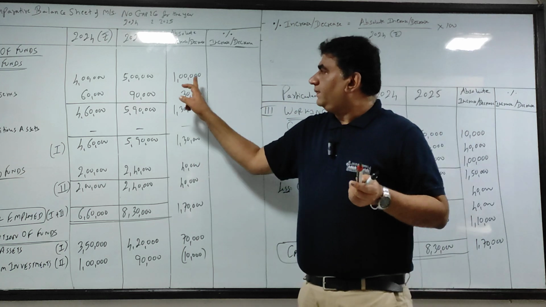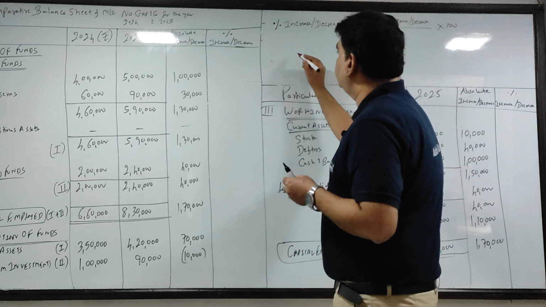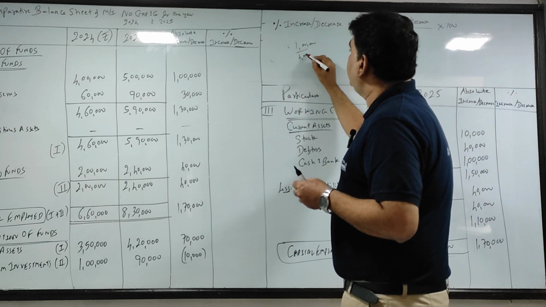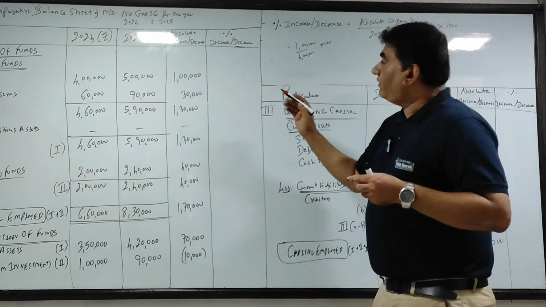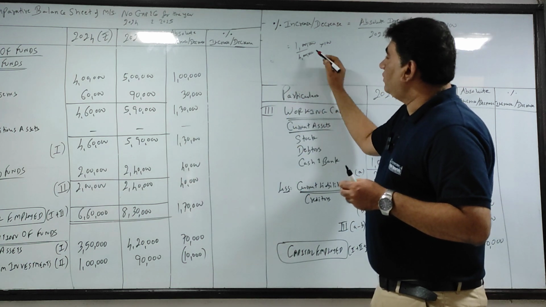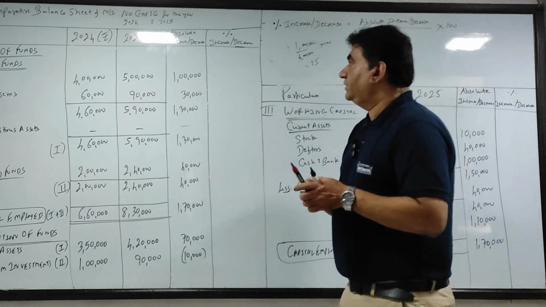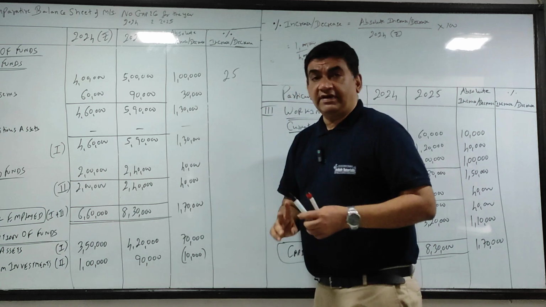See, absolute increase decrease 1 lakh. So ये कैसे आएगा? 1 lakh divided by 4 lakh into 100. 5 zeros out from both the sides. 100 divided by 4, 25. So here the percentage is 25.